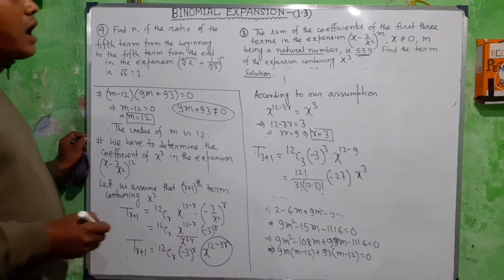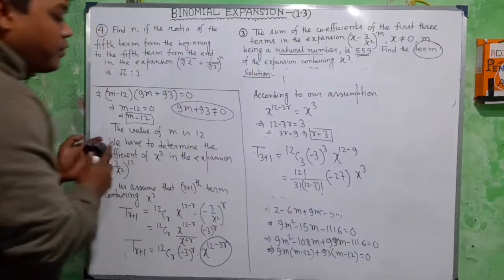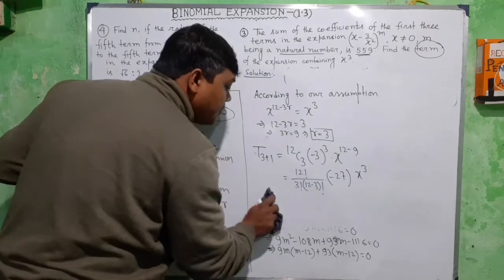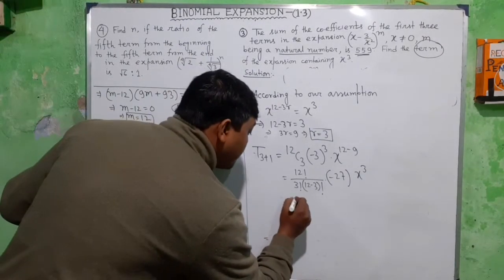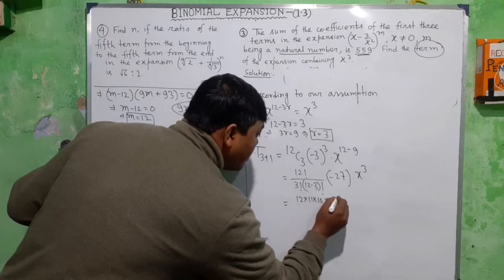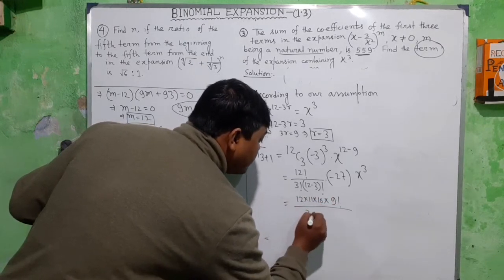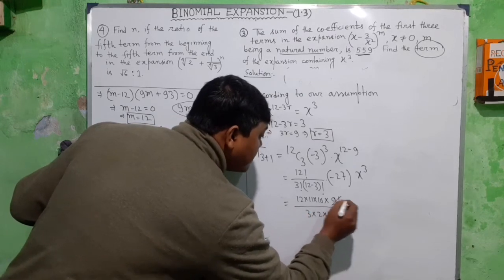Okay, so I have to find out only the term, not the coefficient. So the term is the fourth term, that means the fourth term contains x cube. After some calculation we will get 12 into 11 into 10 into 9 factorial by 3 into 2 into 1 into 9 factorial. These are cancelled.